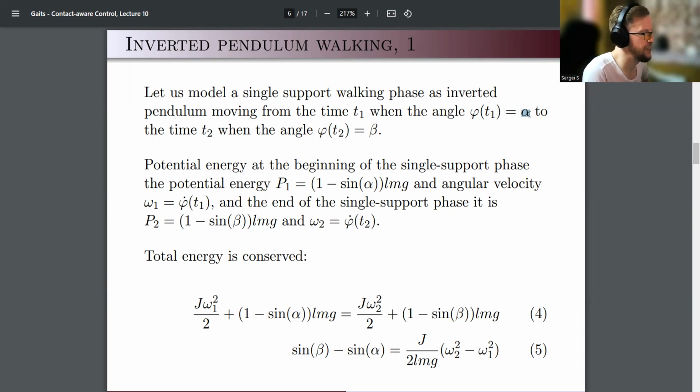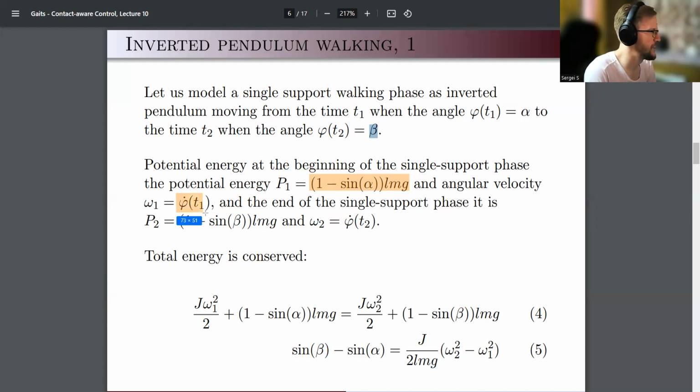And the angle at the beginning of the phase is alpha, and at the end of the phase it is beta, okay? Good. Now, potential energy at the beginning of the single support phase is equal to (1 minus sine alpha) lmg.